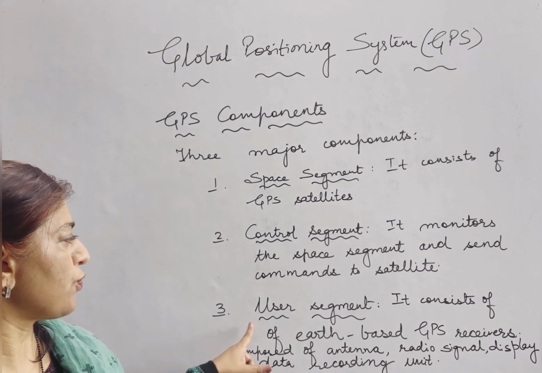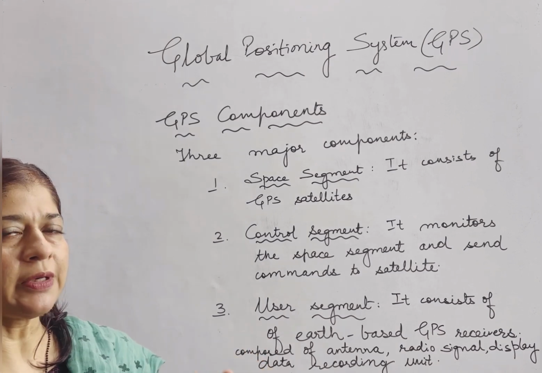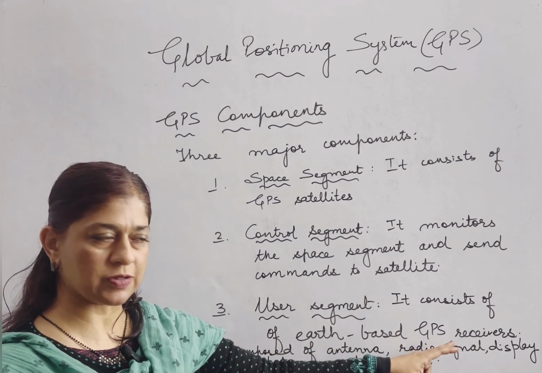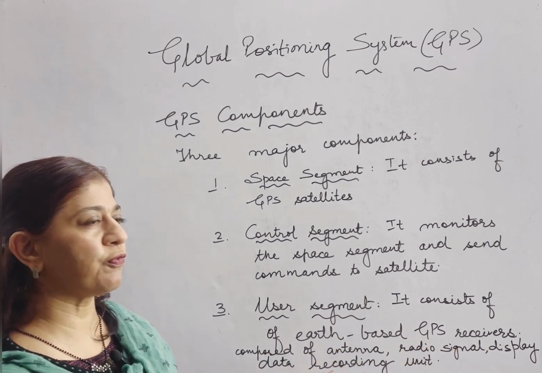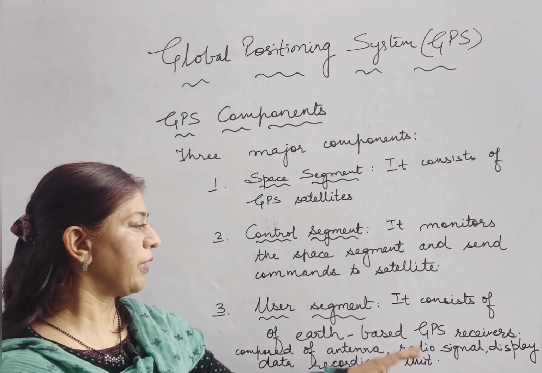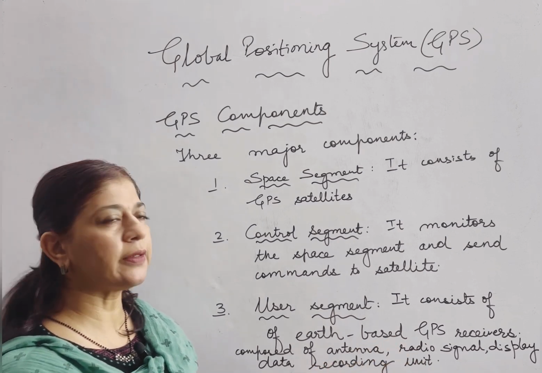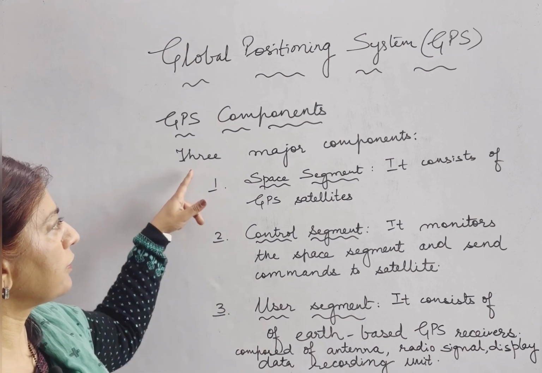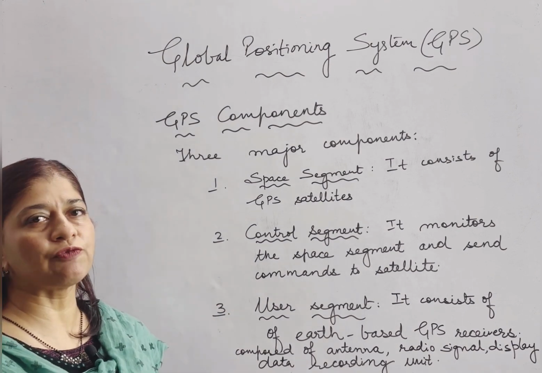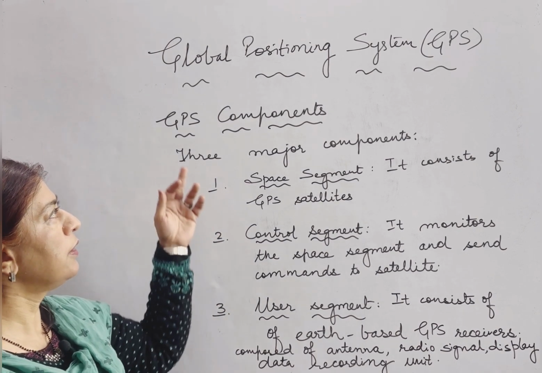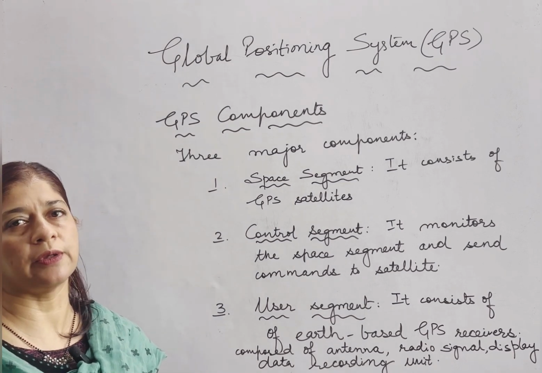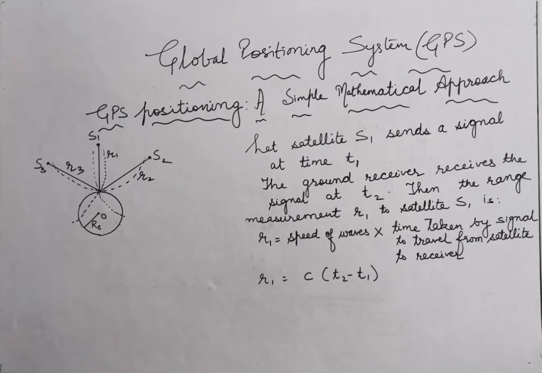The next is the user segment. User segment is very bulky. It consists of earth-based GPS receivers composed of antenna, radio signal, display, data recording unit, etc. within it. So these are the three major components that will be helping for the GPS location, and these components will be working together to find out that location.